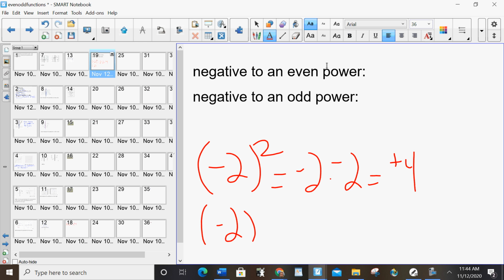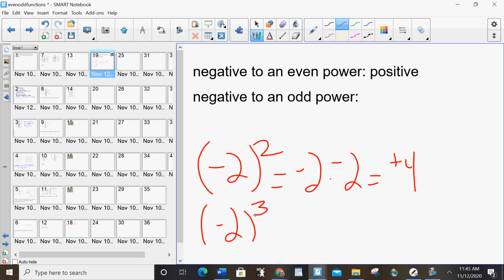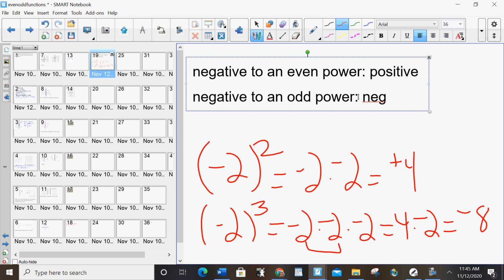So a negative to an even power is positive. Negative to an odd power, for example negative 2 to the third, is negative 2 times negative 2 times negative 2. Negative 2 times negative 2 is positive 4, times negative 2 is negative 8. If you raise a negative to an odd power, the result is always negative.